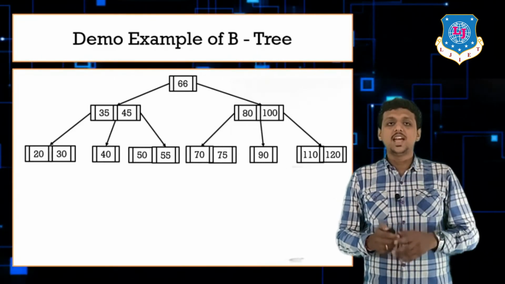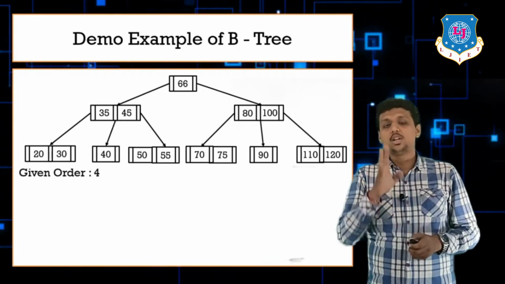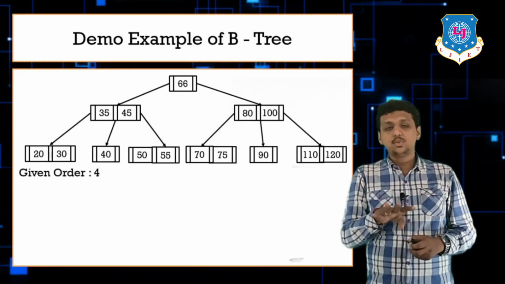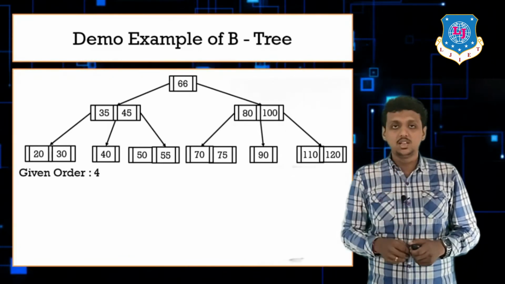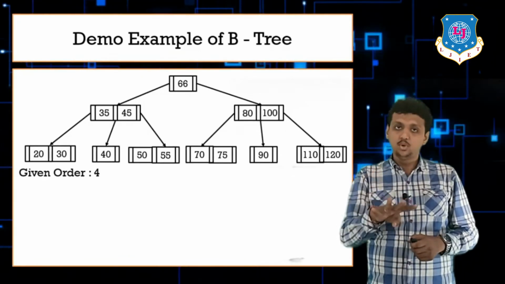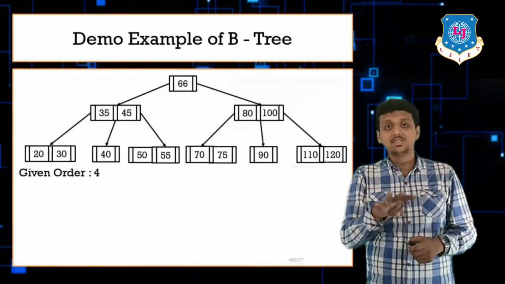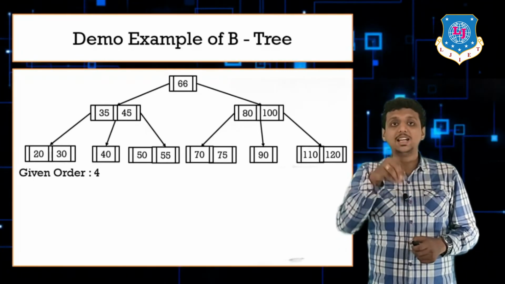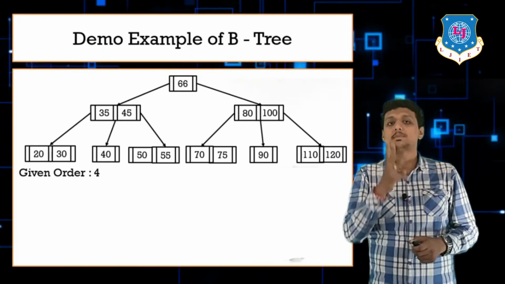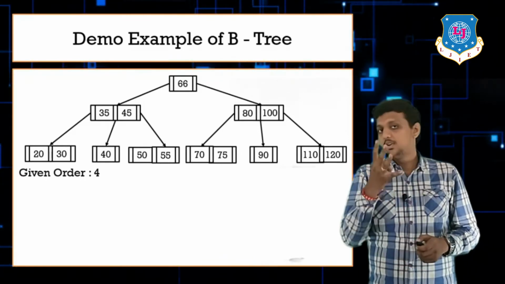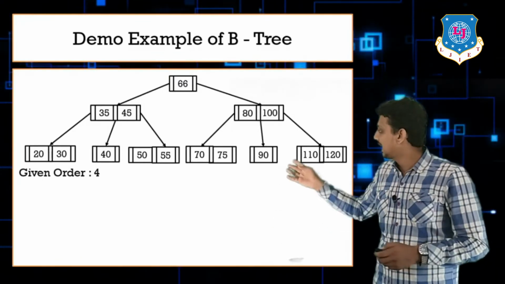Students, just imagine that this B tree is of order 4. So here the order is 4, so you can insert a maximum of 3 values in a node. 4 pointers, 4 children are possible, but the values in a node are 3 only. So there are only a maximum of 3 elements in a node and 4 pointers or 4 children can be there.